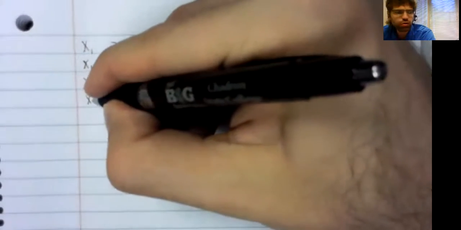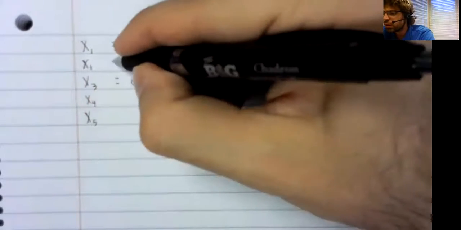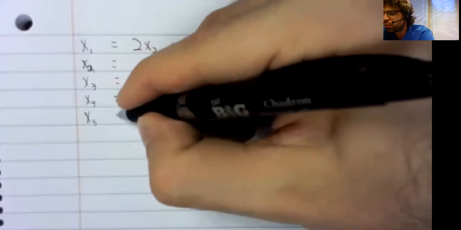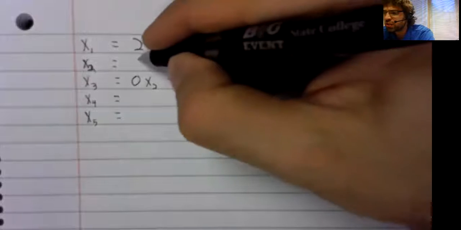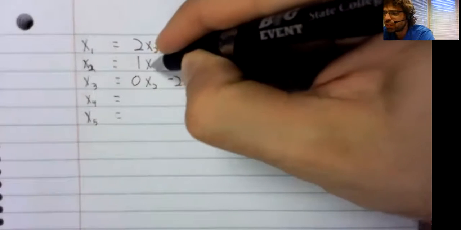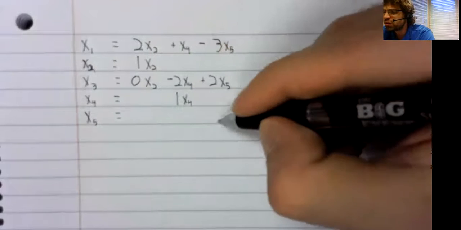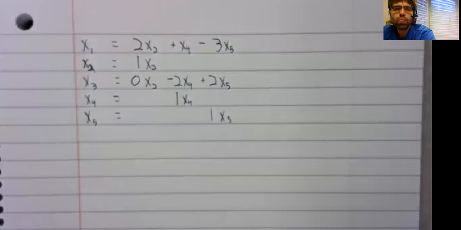We are now going to add equations for the free variables. But the free variables are free. What could we possibly say about them? Well, we could say that they are equal to themselves.